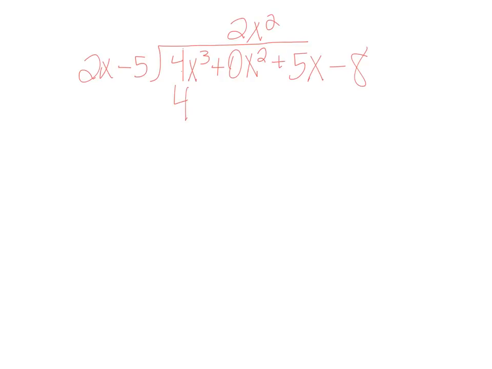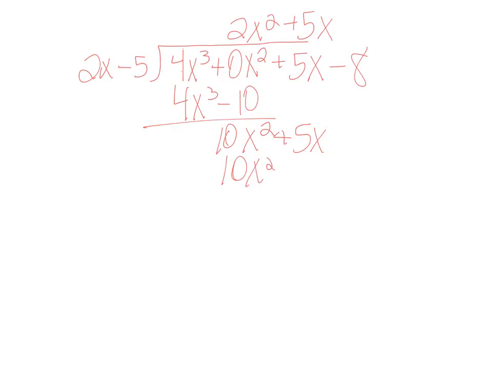That gives me 4x cubed minus 10. Subtract, I have 10x squared plus 5x. This would be a plus 5x. 10x squared minus 25x, yikes.